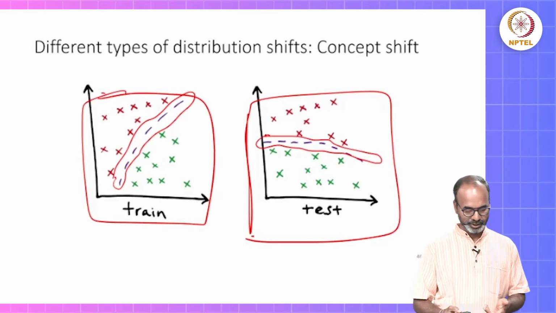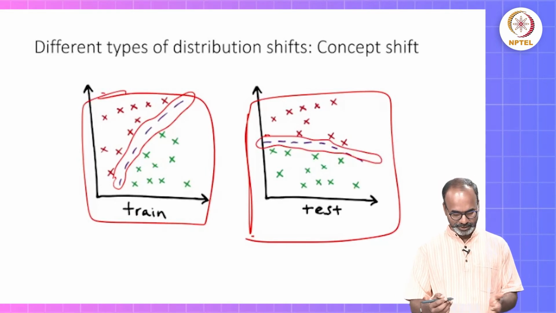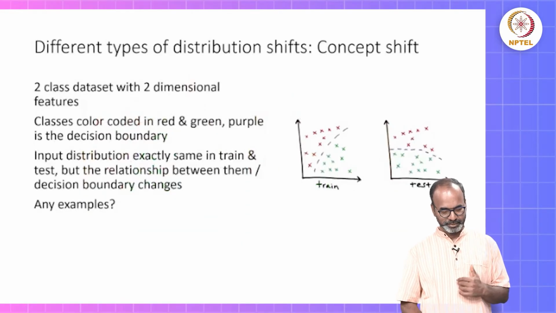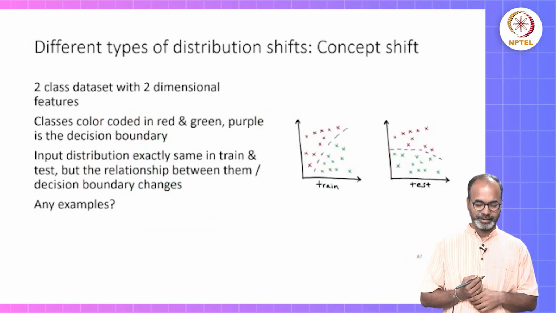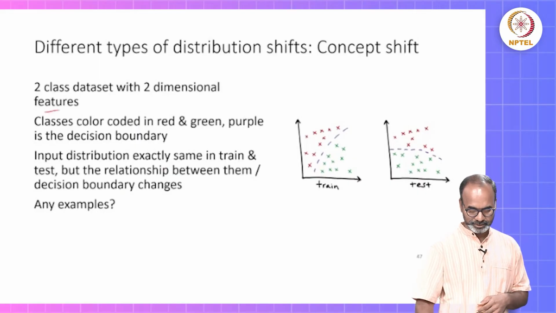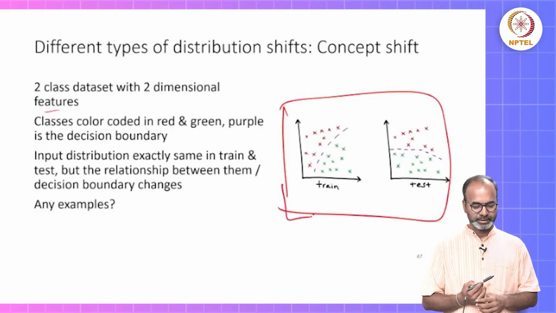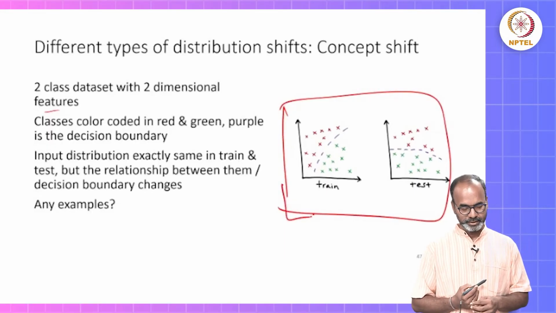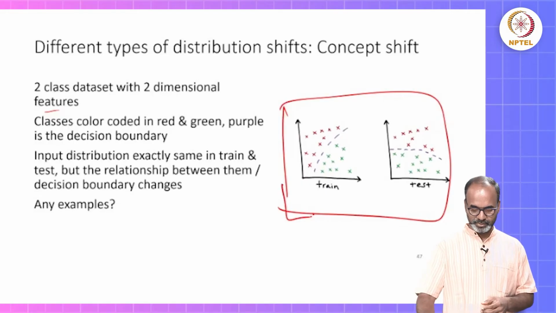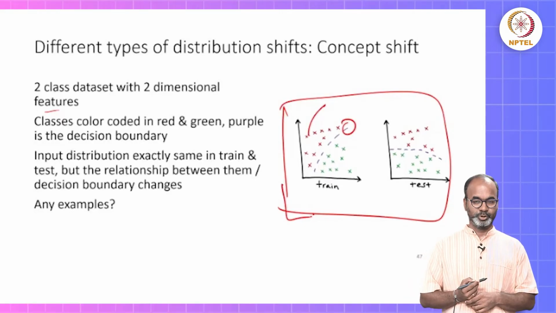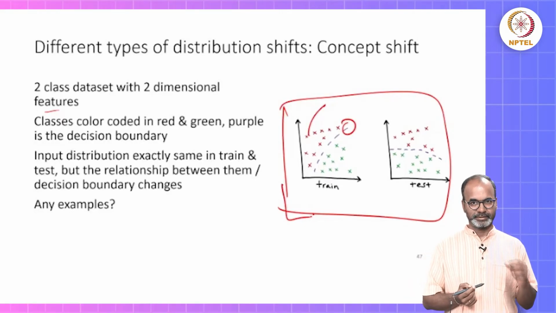I'm sure you can look at this and already have some understanding of what the concept shift will be, but let me explain it. It is a two-class data set with two-dimensional features. Classes are color-coded in red and green. Purple is the decision boundary.